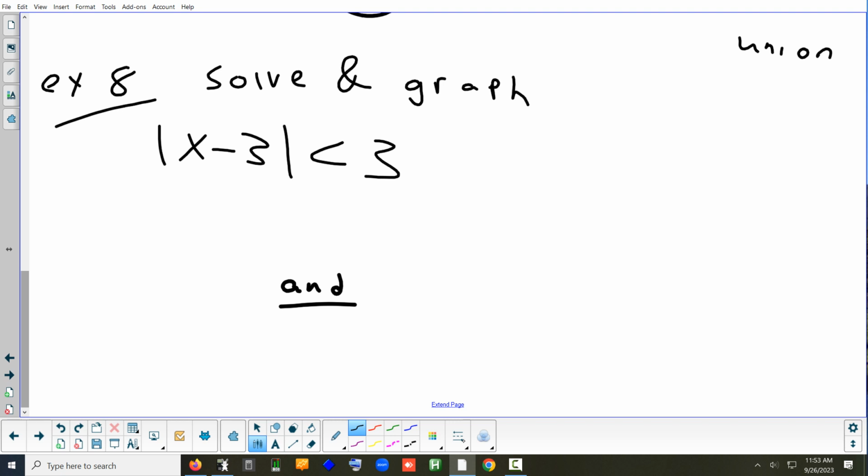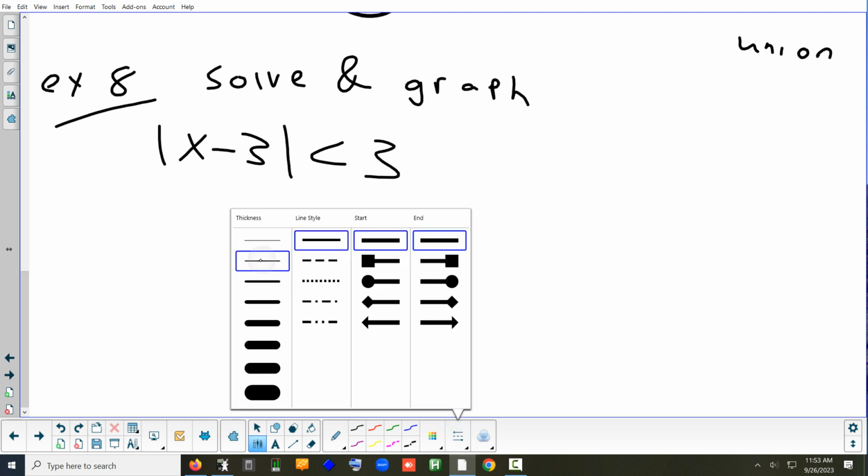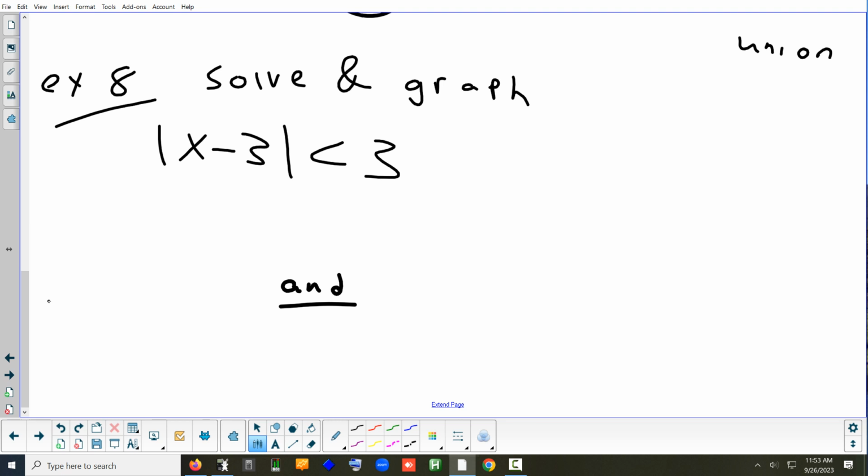What's going to be my first inequality that I solve? How would I set up the first one? x minus 3 is less than 3. So just take the original problem and get rid of the bars.